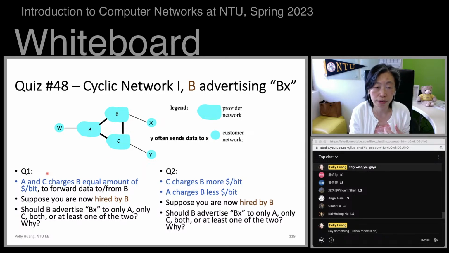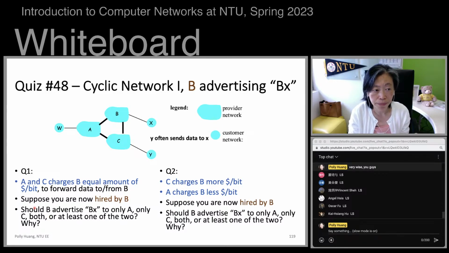So Q1 here, ask. A and C charges B equal an amount of money per bit. Where's A? A here. C here. A and C are 2 other providers connecting to B. Okay, so they are the potential receivers of advertisements BX. Okay, if A and C charges B equally for every bit, okay, A and C needs to forward.